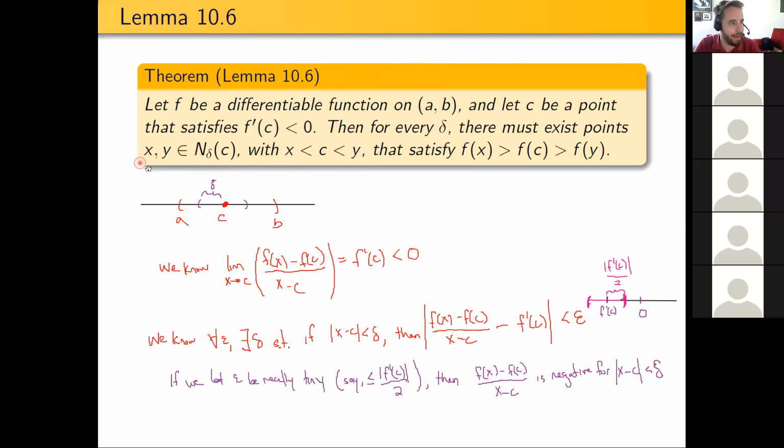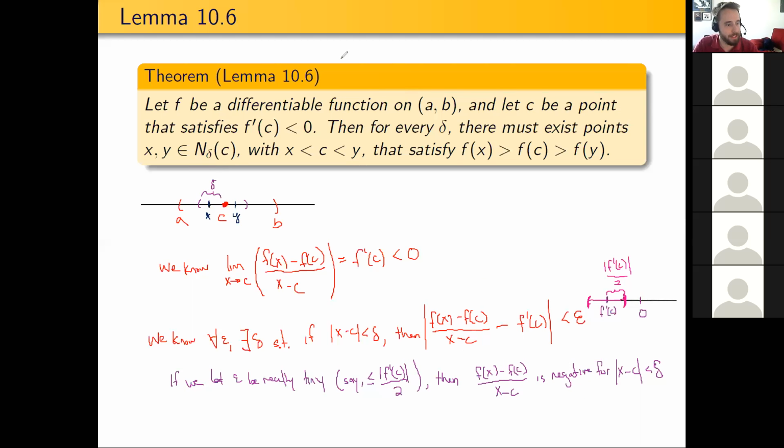So we're looking for two values, x and y, that are within this delta neighborhood, and we want to choose x less than c less than y. So we could point to just two points arbitrarily. Let's say that's my x and that's my y. And because they're inside this delta neighborhood, we know that for those two numbers, this holds true, so this quantity is negative.